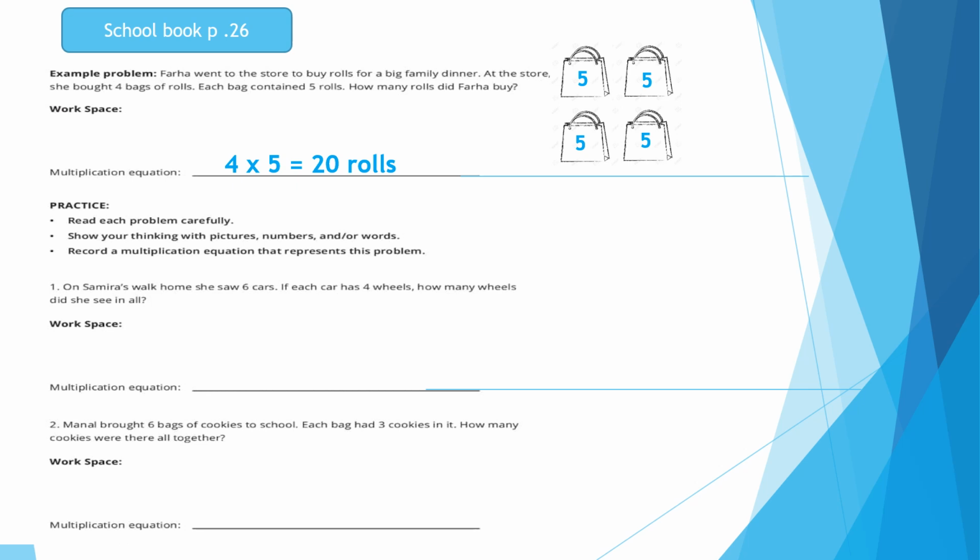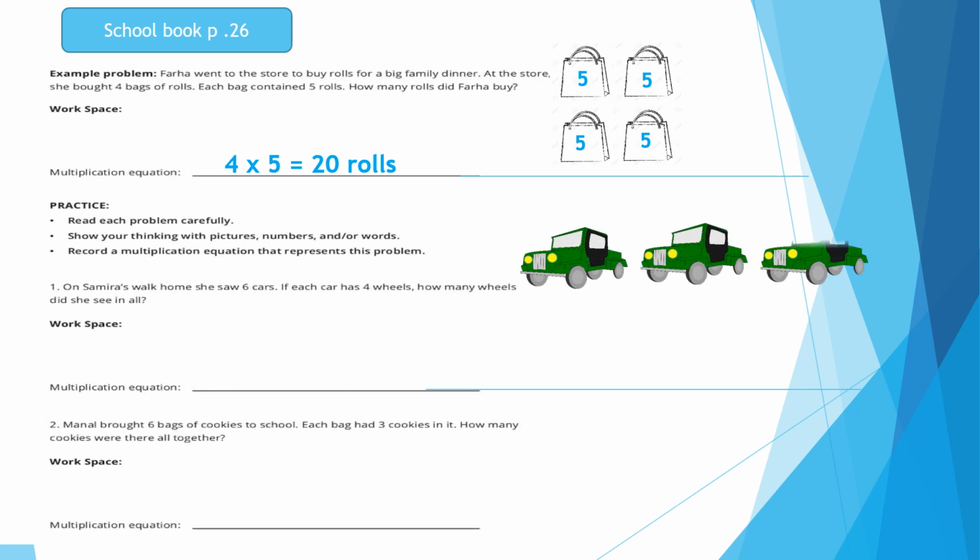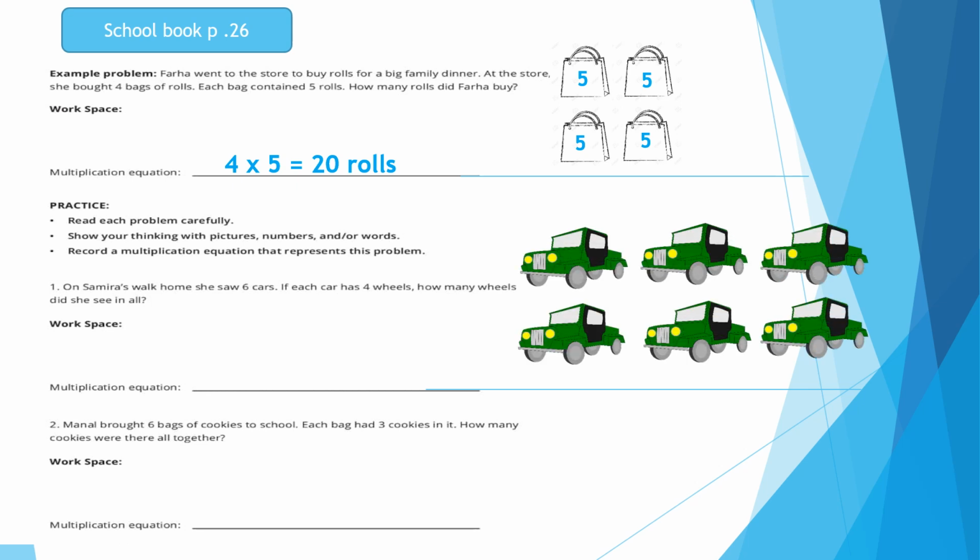If each car has 4 wheels, how many wheels did she see in all? We have 6 cars, and each car has 4 wheels.